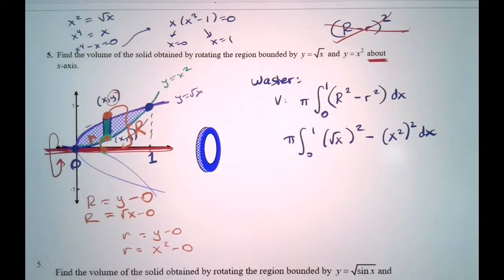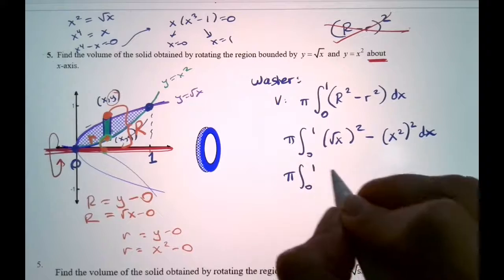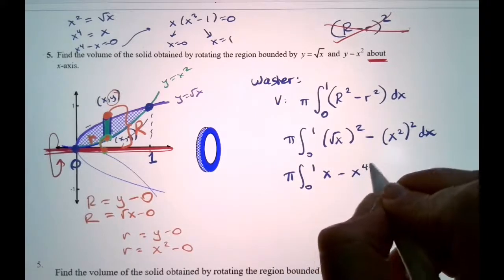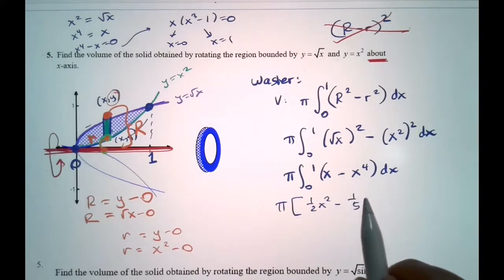They actually asked me to find the volume, so it would be my responsibility to solve this all the way out, which I believe you can all do, but let's just walk through the antiderivative and we'll get there. So I'm going to leave the pi. That's going to be 1/2 x squared minus 1/5 x to the 5th.